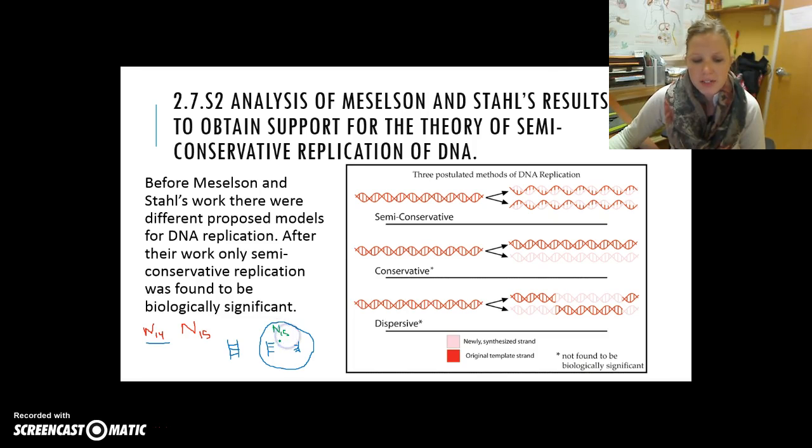So now all of a sudden the nucleotides that are on this side are all N15 instead of N14. That would make these DNA strands heavier than this DNA strand, right?